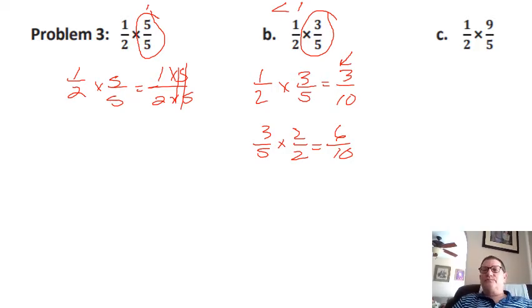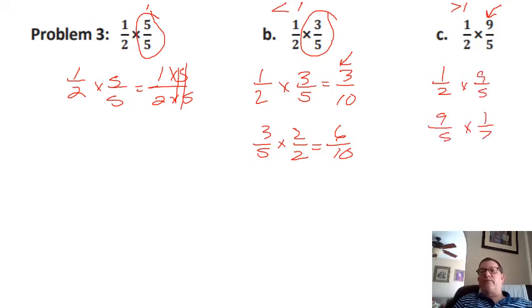Now, the last one, we're multiplying 1/2 by a number that is greater than 1. It doesn't matter that it's a second factor because 1/2 times 9/5 is the same as saying 9/5 times 1/2, because in multiplication we can do it in any order.